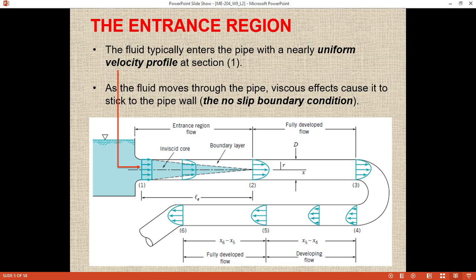But since we are discussing viscous flow, we have a viscous effect, and because of it we have a shear force. Because of the shear force the velocity will not remain uniform throughout the pipe, it will change. How it happens, let's move on to the next slide.